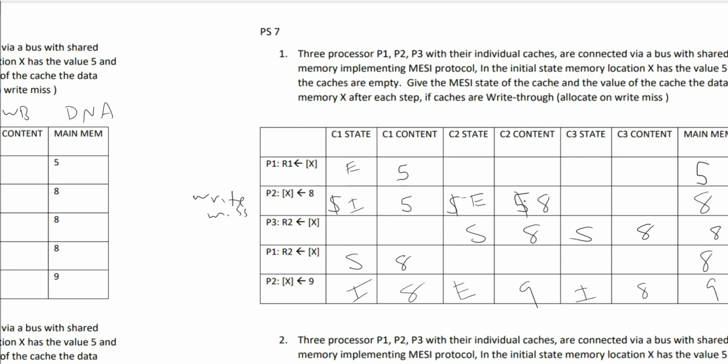But right after you read, you still have to do the write. So when you do the write, you're going to update this from 5 to 8 because that's what the instruction says, right? But when you do a write, you have to tell all the other caches that the data they have is invalid. So this goes from shared to invalid, and then you update main memory too. So that's why it's like that. Okay, got it. Thank you. Mhm.